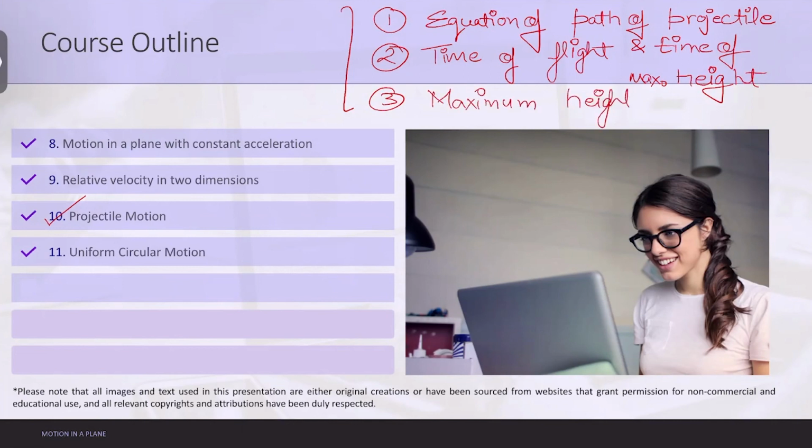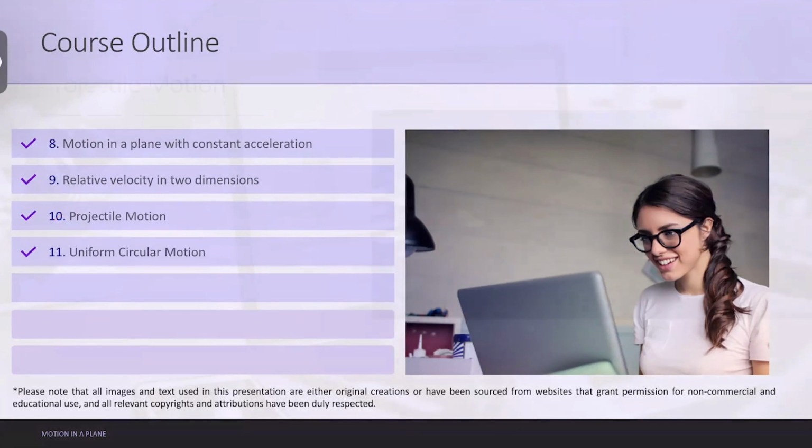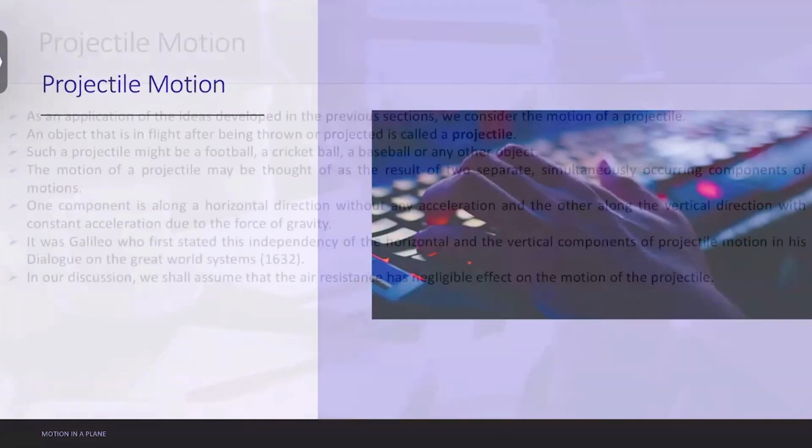Please remember all these formulas, because questions are directly asked using these formulas in the exam. So let us start with this discussion, and then let us understand the range, and then we can move forward. So projectile motion.